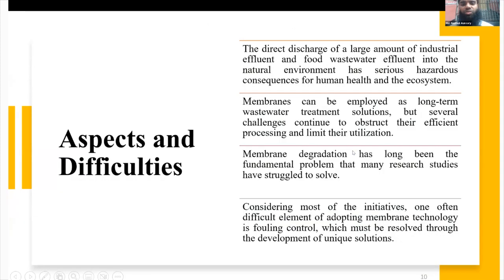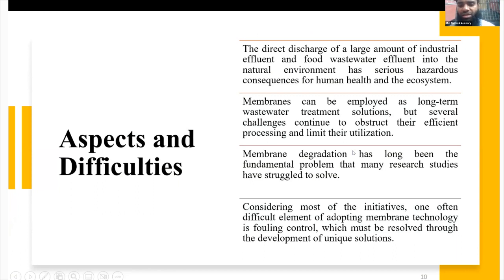Aspects and difficulties. The direct discharge of large amounts of industrial effluent and food wastewater effluent into the natural environment has serious hazardous consequences for human health and the ecosystem. Membranes can be employed as a long-term wastewater treatment solution, but several challenges continue to obstruct their efficient processing and limit their utilization.